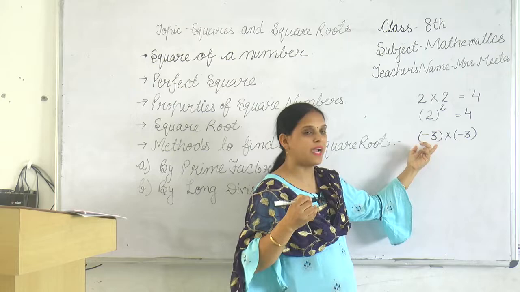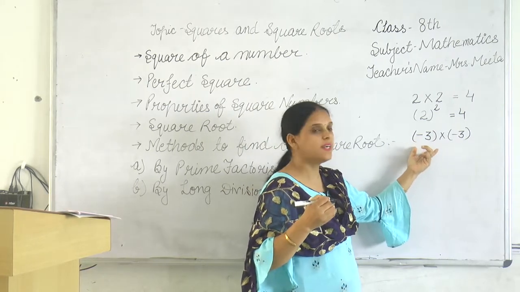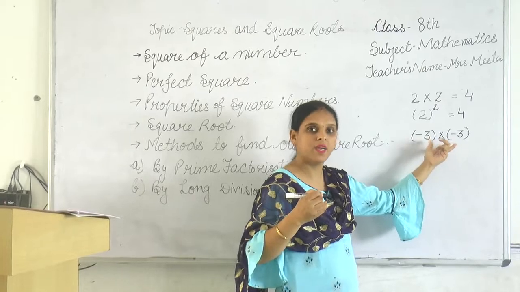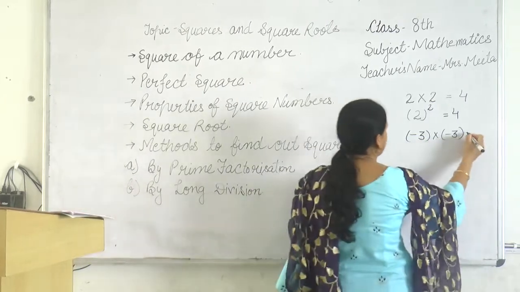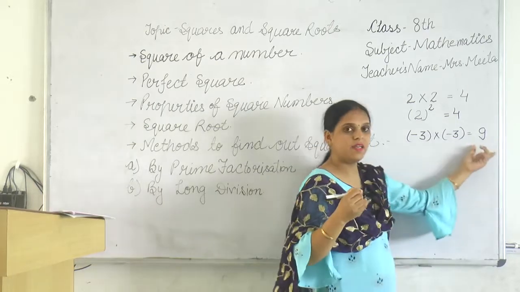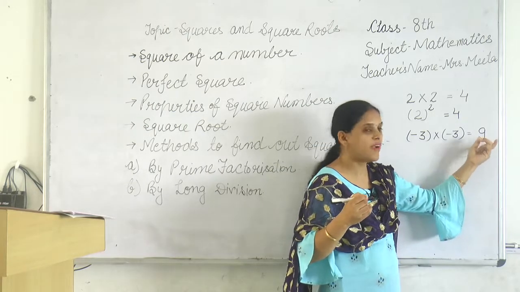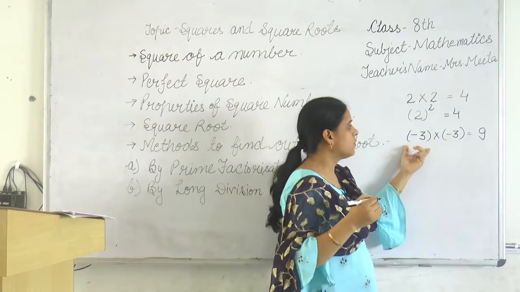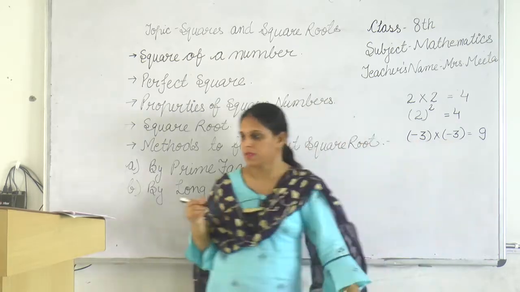An integer can be positive or negative. It will be multiplied by the equal number, so we get the positive and it will be equal to 9. So 9 will be called the perfect square, and 3 and minus 3 are called the square numbers.